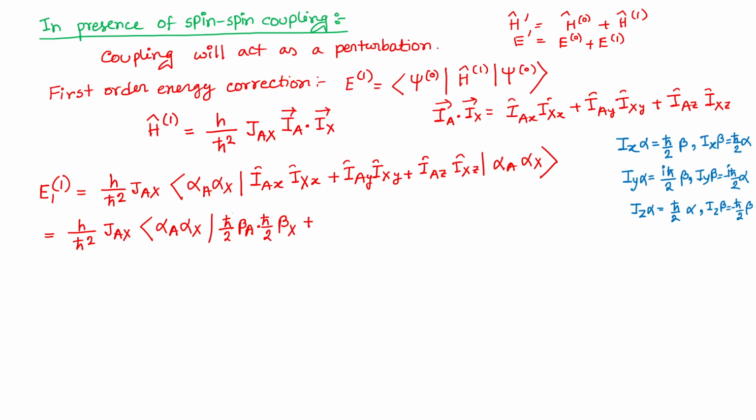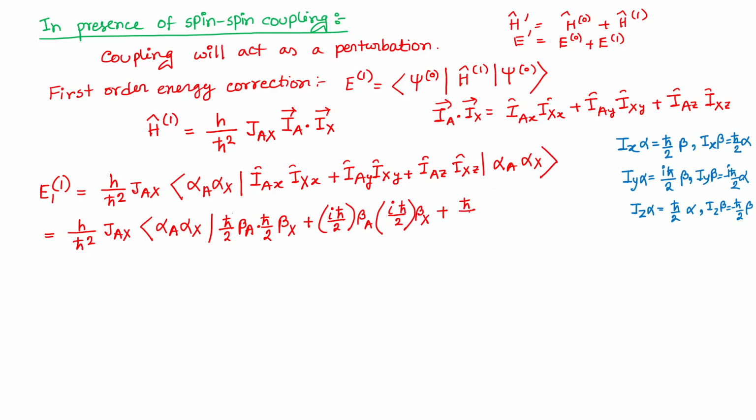Then when I_Ay operates on alpha A, it will give you i h cross by 2 beta A. When I_Xy operates on alpha X, it is going to give you the same, i h cross by 2 beta X. What about z?